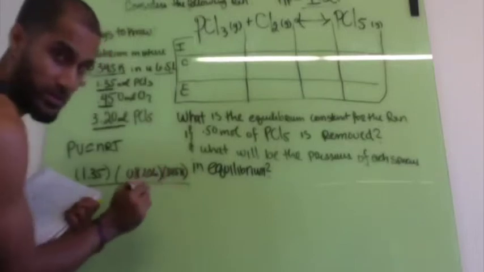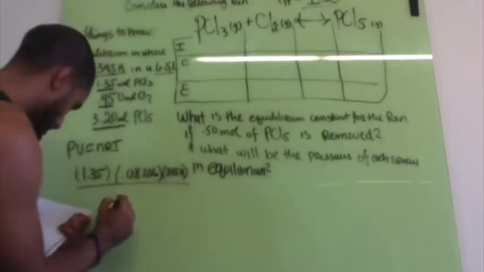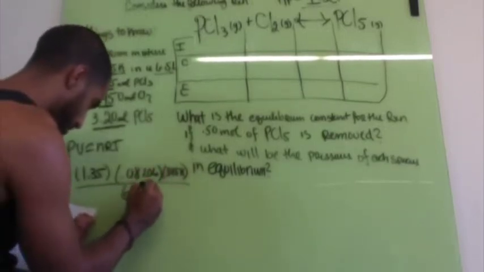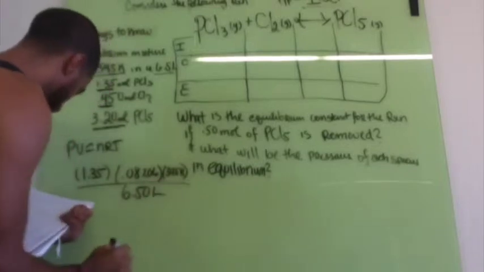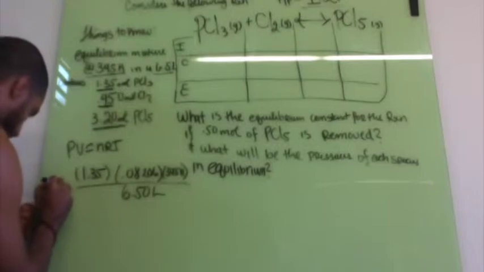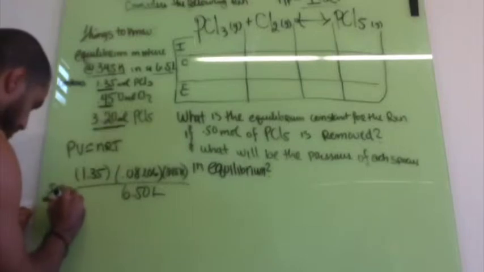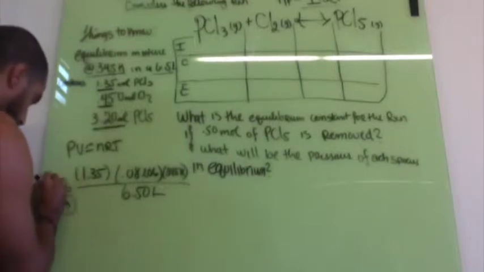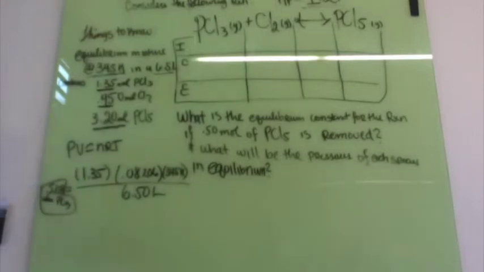This is always in Kelvin. Over 6.5 liters, which will give us 5.08 atmospheres for pressure for PCl3.